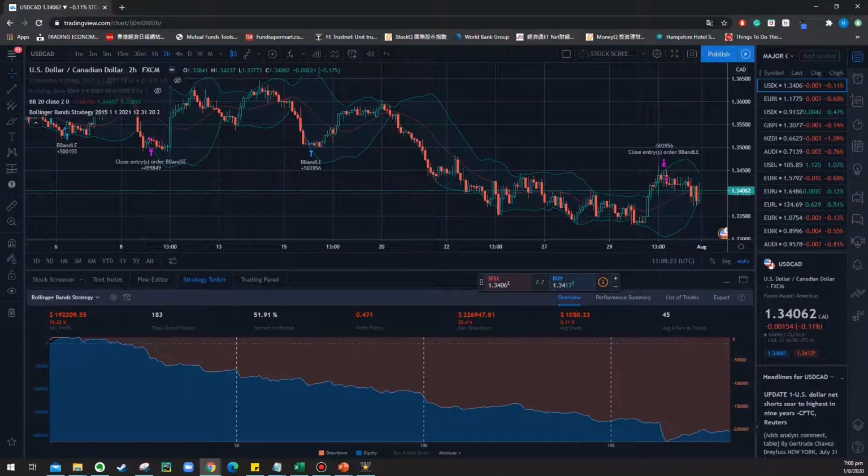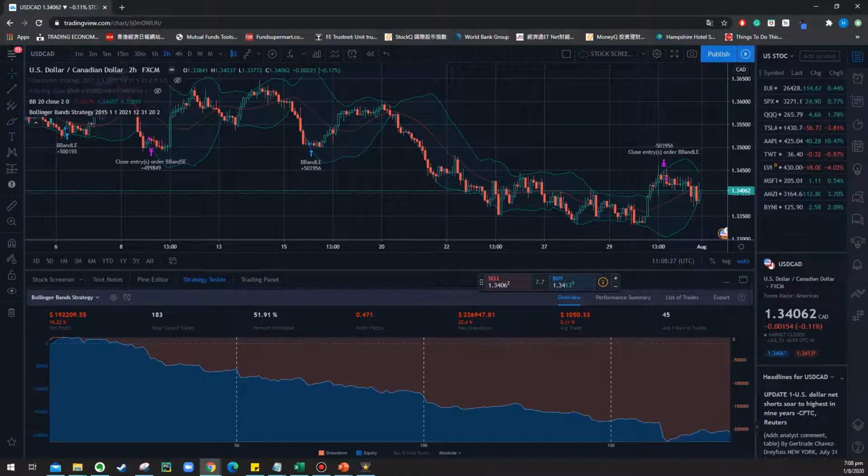We quickly skim through the profit factor for each pair. I can see there is nothing interesting as they are not profitable. Let's move on to stocks.